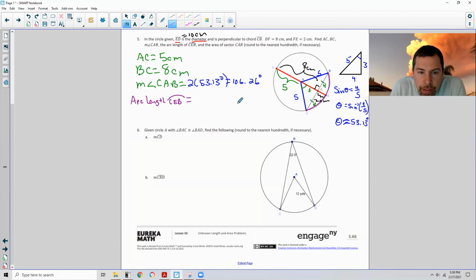Arc length is the central angle divided by 360 times the circumference. Circumference is 2 pi r. And the radius is 5. So 10 pi.